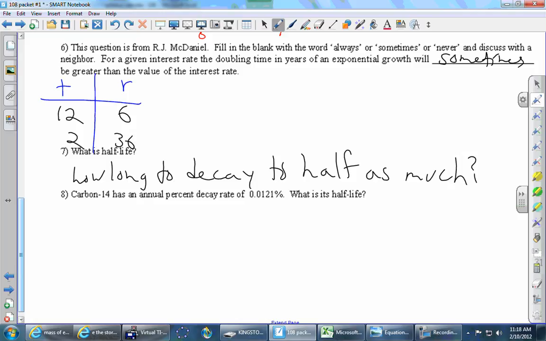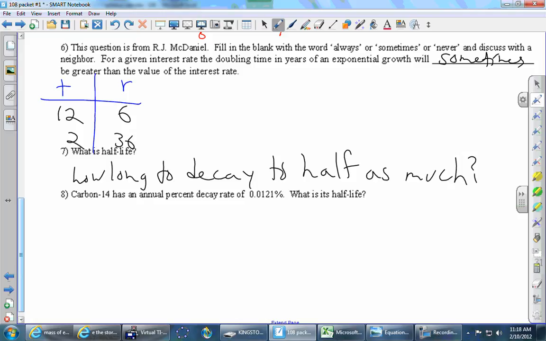Because if you have a dinosaur bone, there's a certain percentage of carbon-14 we expect to be in that dinosaur bone when the dinosaur is alive. But as soon as the dinosaur passes away, the carbon-14 starts to disappear. Does it disappear quickly or slowly? It disappears really slowly, which is why there's still some carbon-14 left in that dinosaur bone, millions of years down the road.